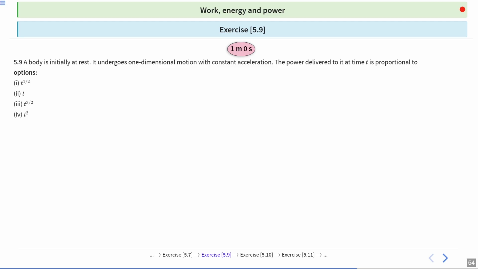Option third, t raised to the power 3 by 2. And option 4, t square. Think about it.